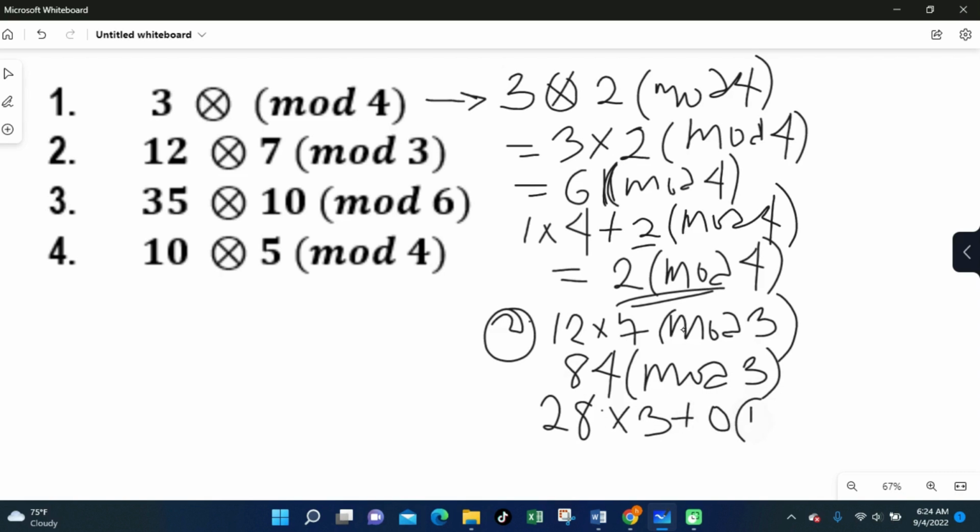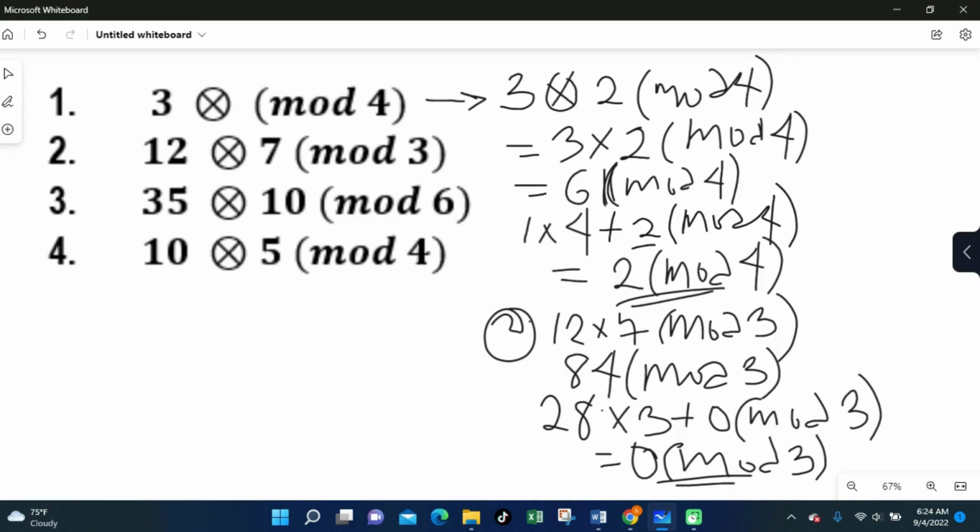So that in mod 3 means the remainder is 0. So this will be equal to 0 mod 3. So this is the value in modular arithmetic.